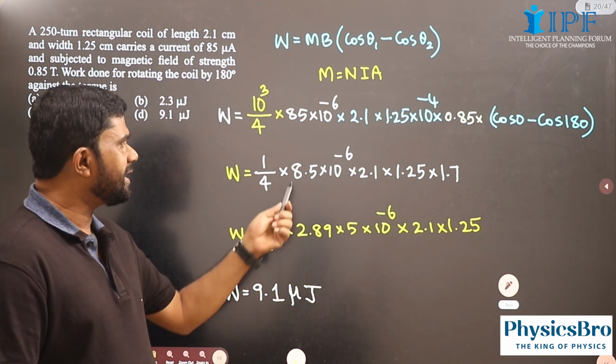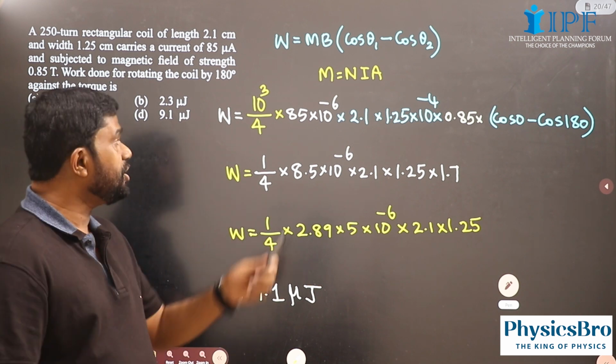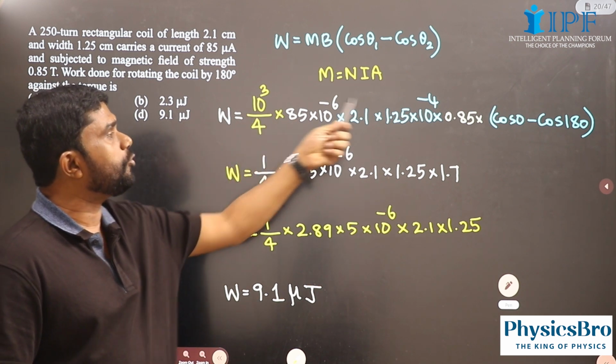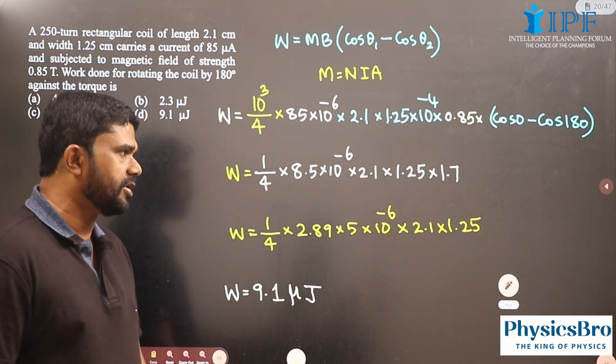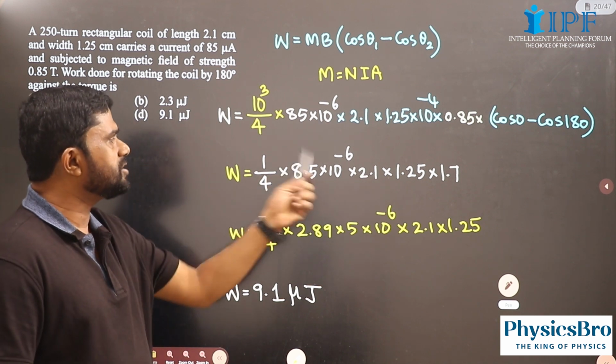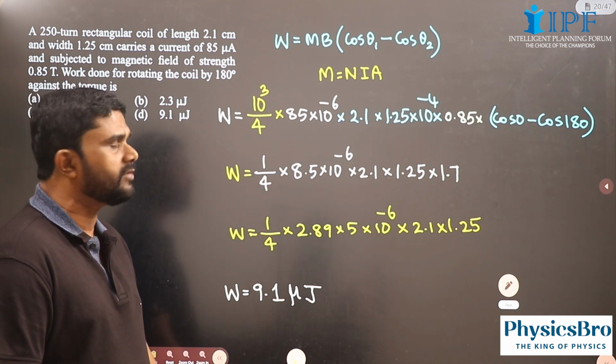Let me write that 8.5 here. Then 10 into 10 raised to 3 is 10 raised to 4, and 10 raised to 4 and 10 raised to minus 4 can be cancelled, that will be 1. Then what remains? 10 raised to minus 6, and in the denominator we will have 4.